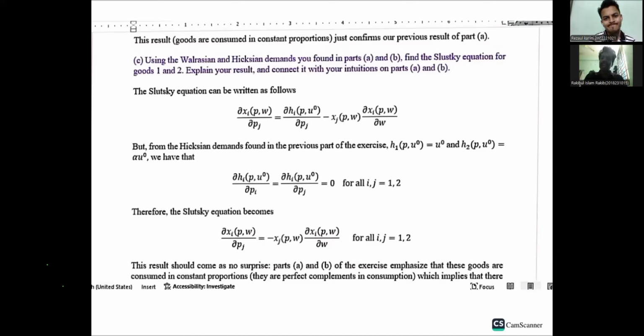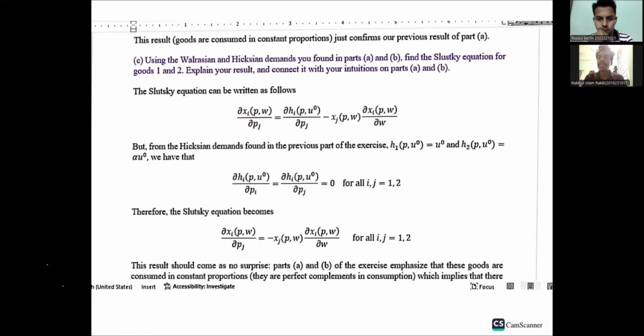for the two goods i and j, we can write the Slutsky equation, which is given below here in the first equation. And from the Hicksian demand in the previous part, we have found that the derivative of hi(p, u0) with respect to pj is equal to 0.